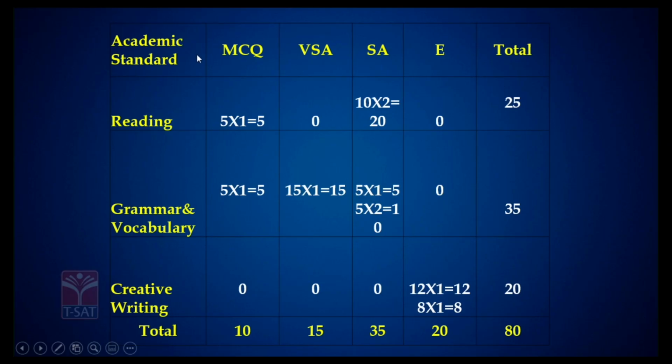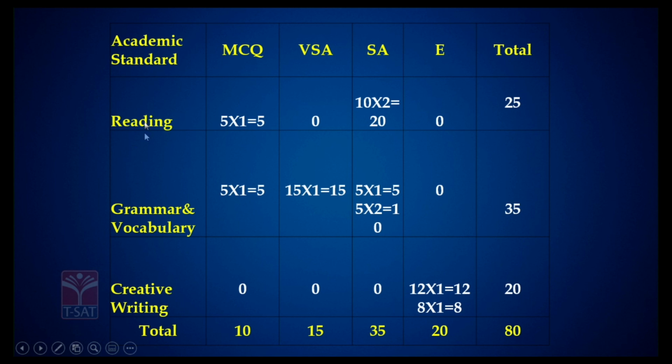Every examination needs a blueprint. So, what is a blueprint? A blueprint is nothing but a plan, and how the marks are distributed. If you see the SSC examination paper right now, you can see these are the academic standards: reading, grammar and vocabulary, and creative writing.